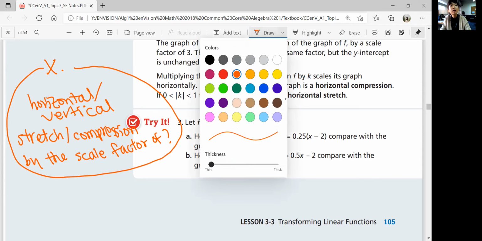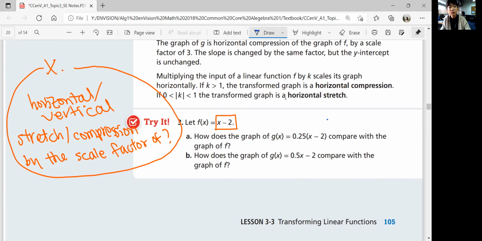So part A. How does the graph of g of x compare with the graph of f? What do you notice? What's different? You have x minus 2, and then you have something different over here, 0.25. First of all, is this a change in output or the input?